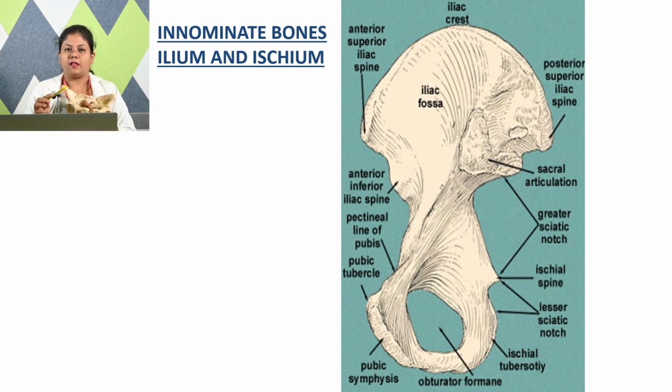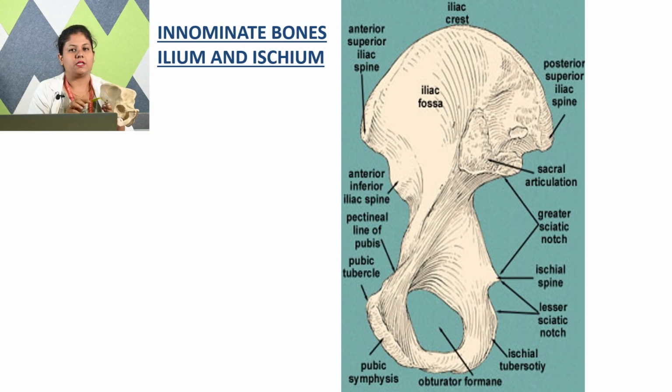Now this anterior part contains two spines over here. The upper part is called the anterior superior iliac spine, and below it the anterior inferior iliac spine. This one is at the superior side, so it has been named superior.